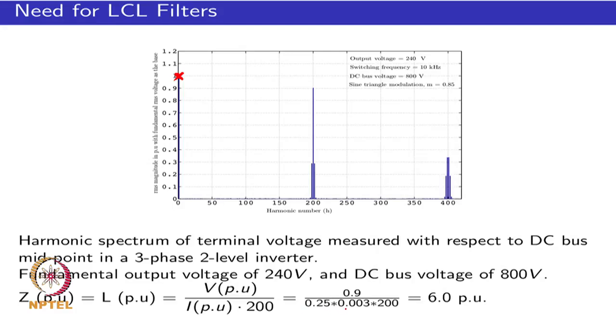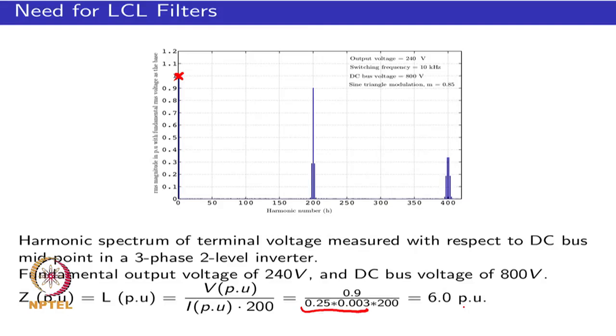So, your standards say 0.003, and 25% of that is essentially what is recommended, and the excitation at the 200th harmonic would correspond to 0.9 amps. So, the required value of your inductance would be 6 per unit. So, clearly you would exceed what would be realistic for a practical power converter.